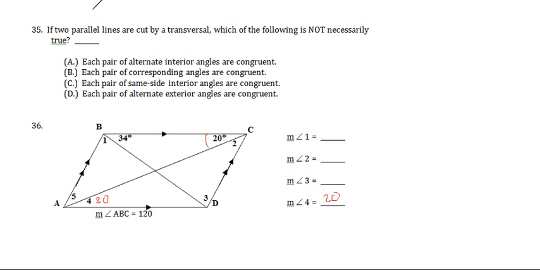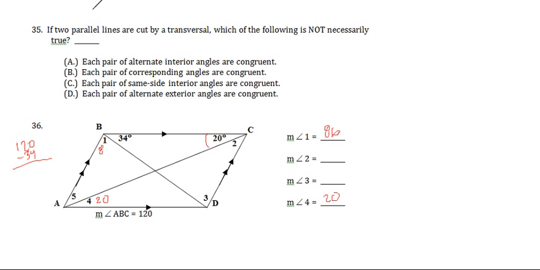Angle A, B, C. So if this is 34, and these have to add up to 120, if I take 120 minus 34, that means angle 1 right here has to be 86.